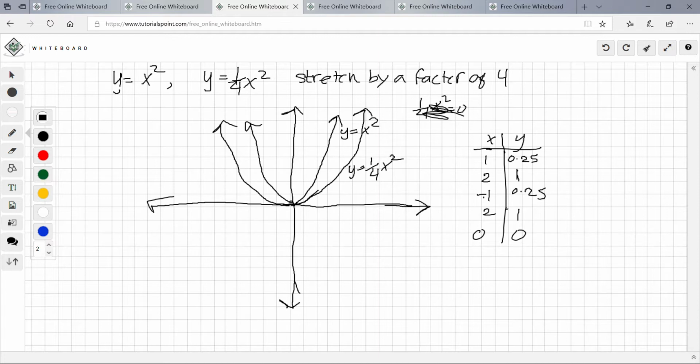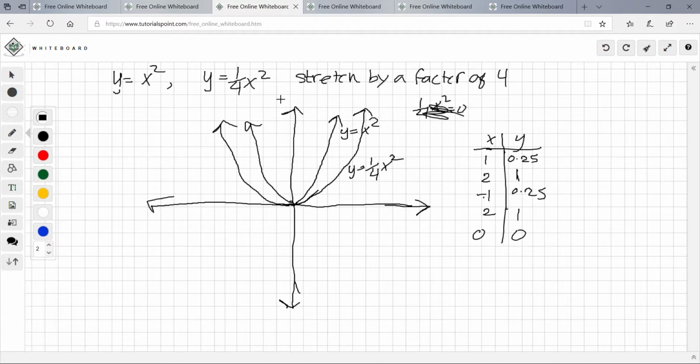So if it's a fraction, and if it's a parabola or an absolute value, it's always the opposite. You may think 1/4 is shrinking it, but it's actually being stretched by a factor of 4.